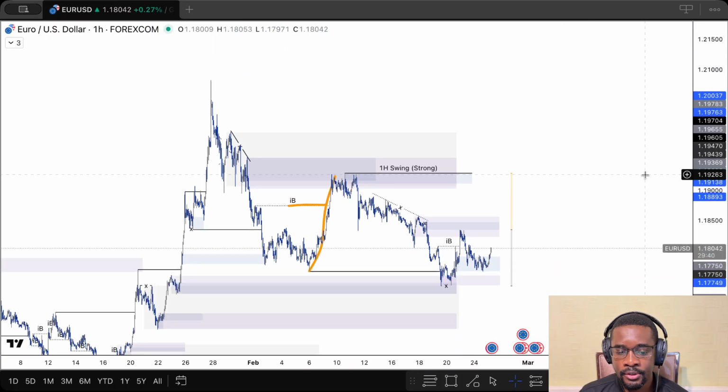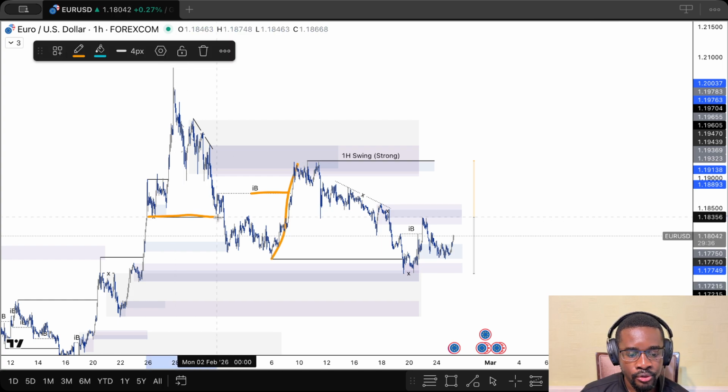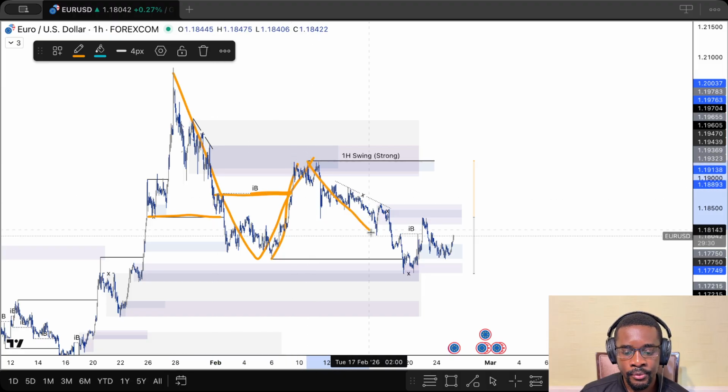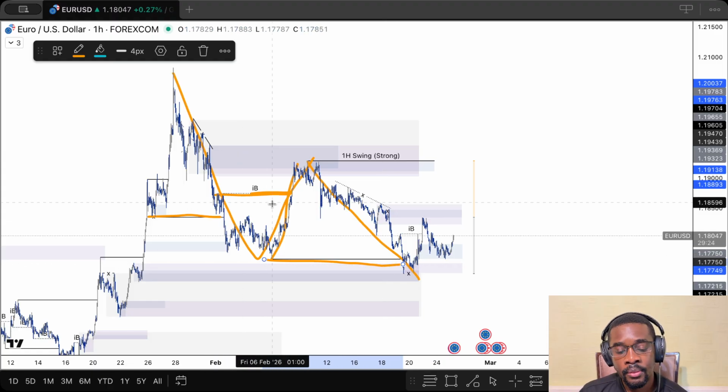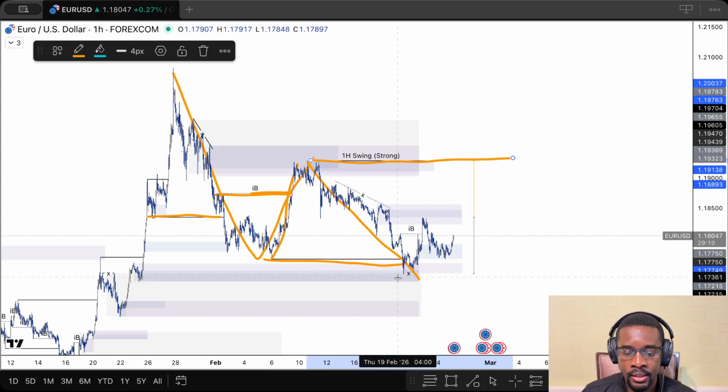From a swing perspective, we were bearish, because this is where we had our swing break of structure, and then we had this pullback, and then internally we had shifted bullish, but from a swing perspective we continued bearish. So from a swing perspective, on the 1 hour, we are bearish, and this is our current swing range.